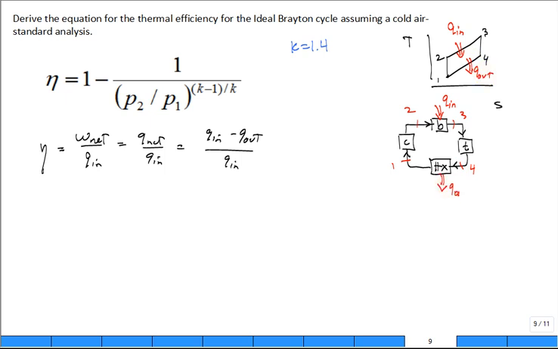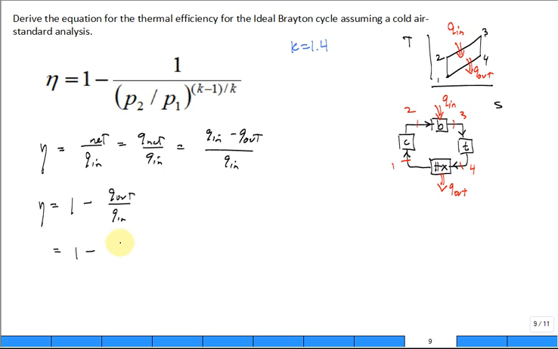So I'm accounting for that negative sign, Q in minus Q out. Okay. So this thermal efficiency starts to look like the form of 1 minus something. True? See how it's 1 minus something? So that's very consistent with the other ones.